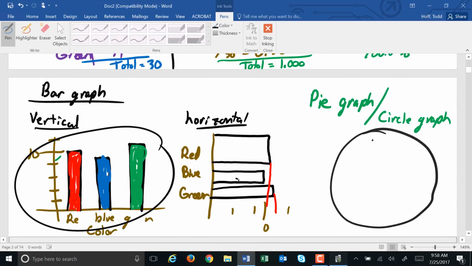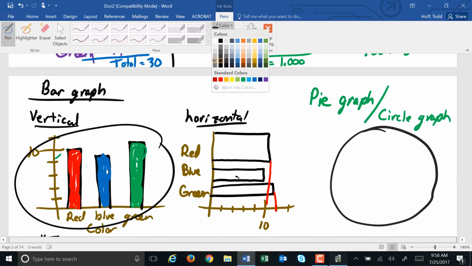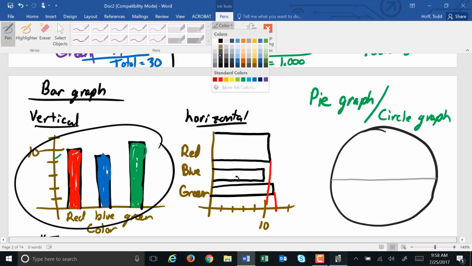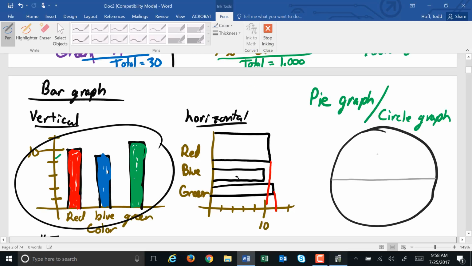Well, we don't live in that world anymore. So if we look at this, what's half a circle equal to? What percent? 50%. Yeah. A quarter of a circle is 25%. Of course, I'd keep cutting that in half. That would be like 12.5% and so on, right?